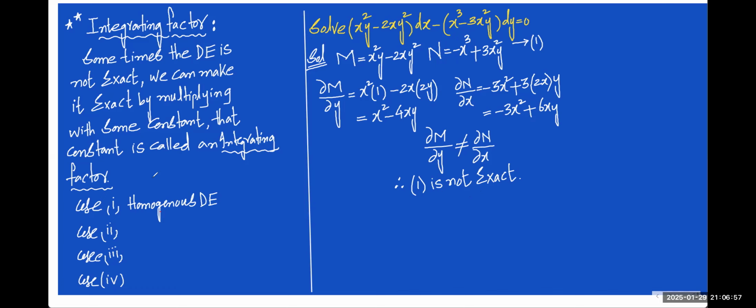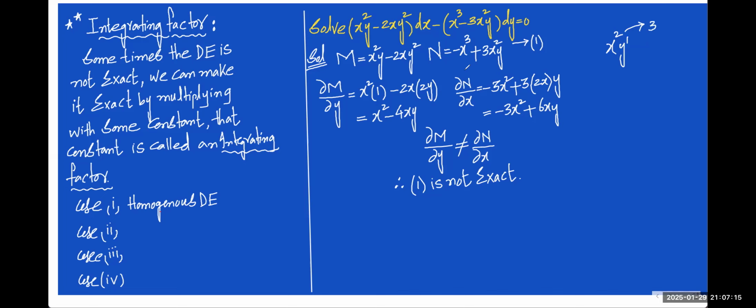What we have to do, you can see here. What is the power of x? I am saying an important concept. What is the power of x? The power of x is 2. What is the power of y? 1. Together it becomes 3.